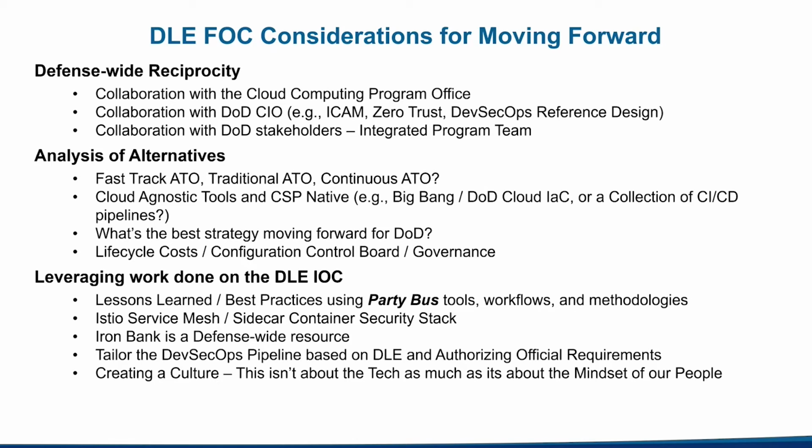Does this meet your needs, DAU IT folks? Does this meet your needs, NETC or AETC or ADIS, Army University IT folks? And as we're able to make sure that we're having those coordinated conversations, our hope is that we can build up more reciprocity so that we build it once, we accredit it once, and we deploy often.